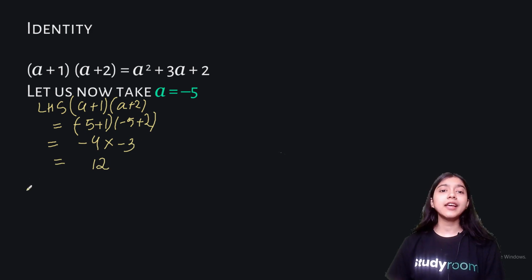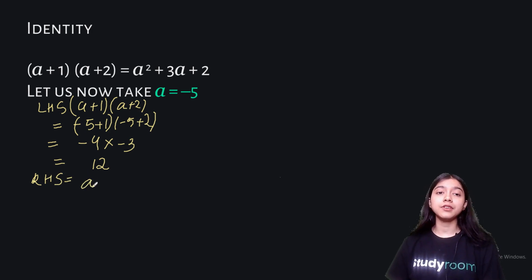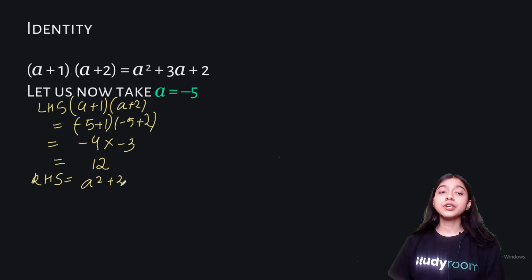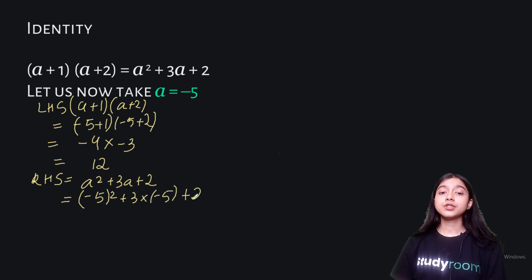Now let us check the answer on the RHS side. On the RHS, that is the right hand side, we have a square plus 3 times a plus 2. Now let us put the value of a equals minus 5. So I'll put minus 5 whole square plus 3 multiplied with minus 5, and then plus 2.